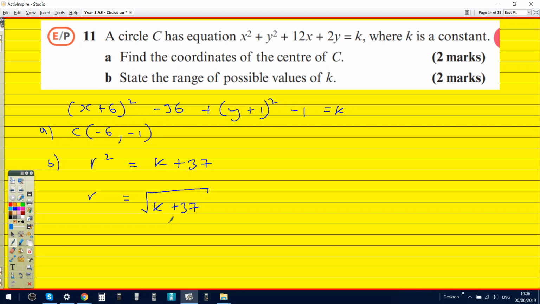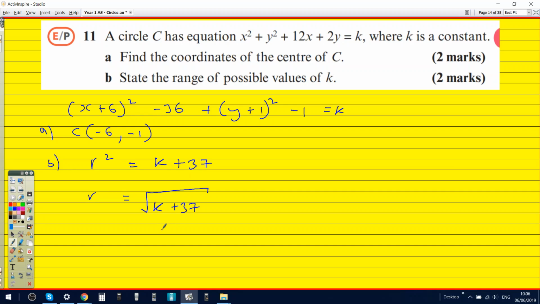No, because you end up with a negative. So it has to be positive. Possible values for k? Anything above 0.